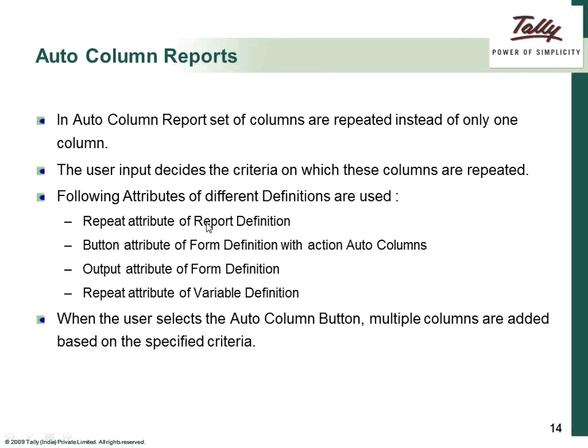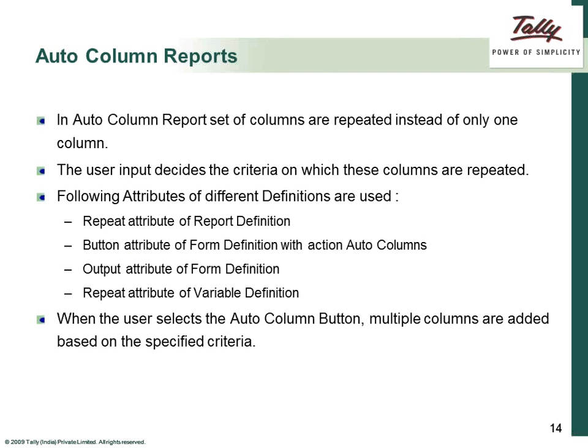There will be a repeat attribute at report definition for the variables to repeat. A button attribute that I will have at the form definition will have an action called autocolumns. This autocolumn action opens a report in alter mode.